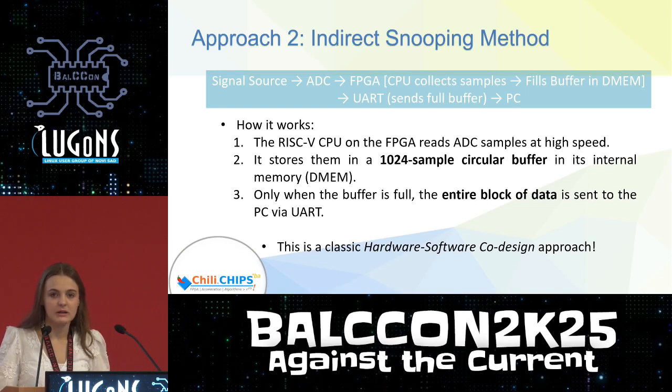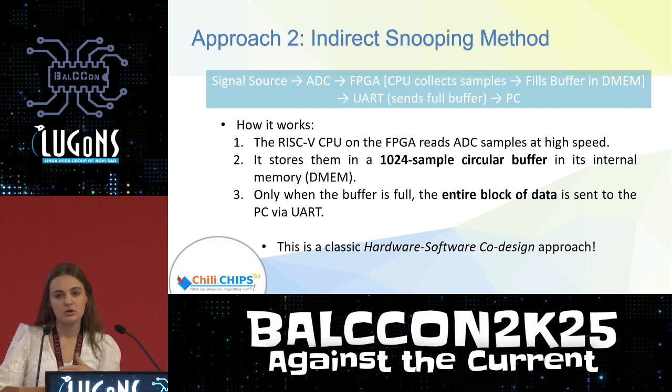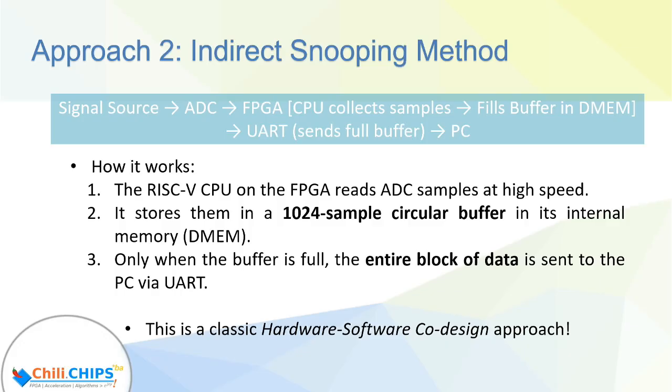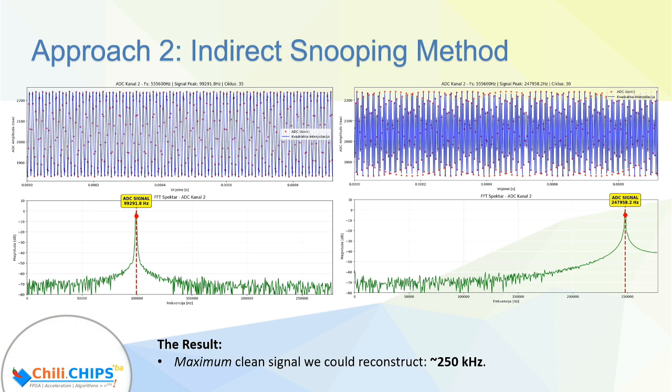Basically, in the first approach, we had to do the same thing 1,000 times. So this way, we reduce the sampling overhead by just sending one big batch of data. So did it work? Yeah, these are the results.